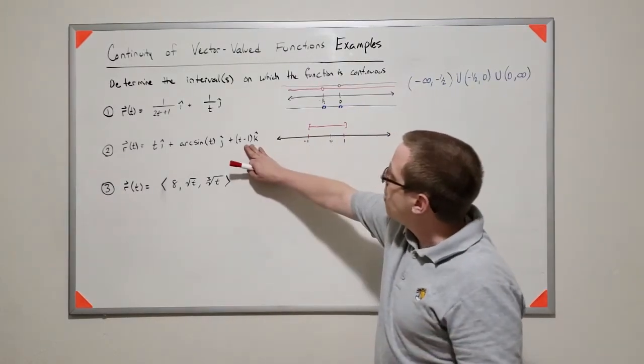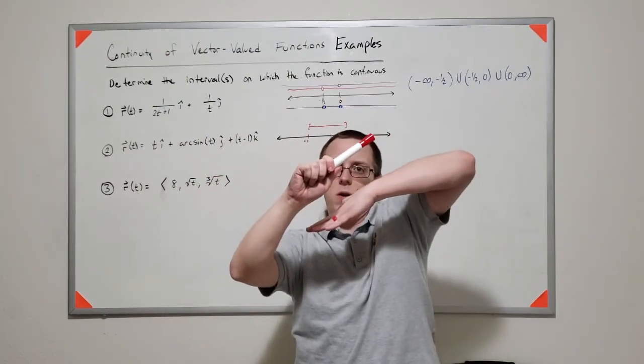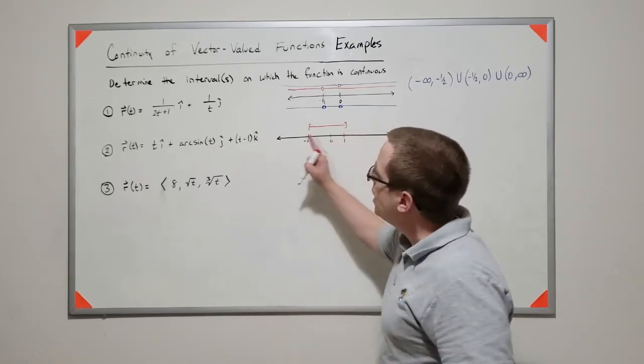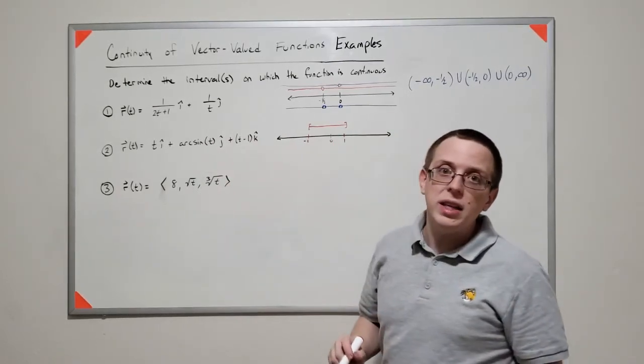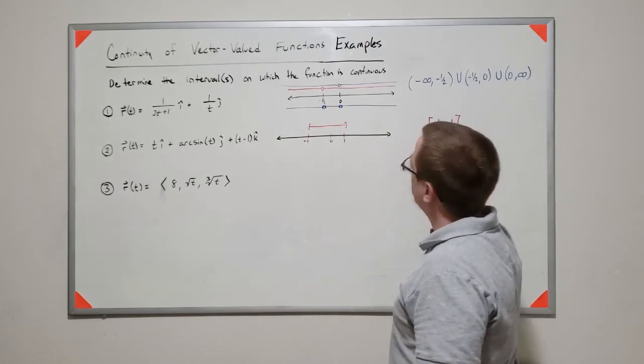And finally, we have t minus 1 here, which is a lot like t. If t's here, t minus 1 is here. They're both just lines, and so it's continuous everywhere. So really, this was the only value that limited us. So your interval of continuity is -1 to 1.